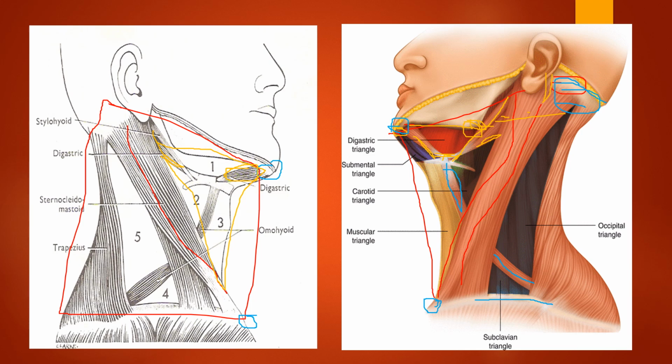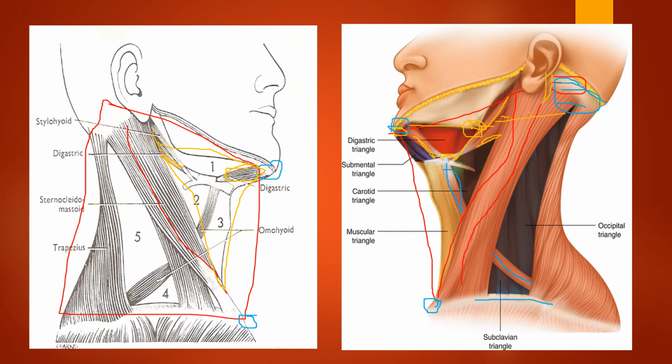So anterior belly of digastric, posterior belly of digastric, and the stylohyoid muscle together divides the anterior triangle into 3.5 triangles. You can see the number 1 here, that is going to be the digastric triangle or submandibular triangle.